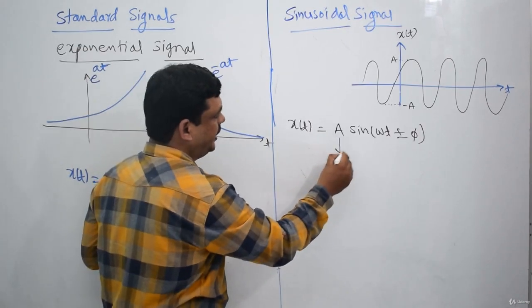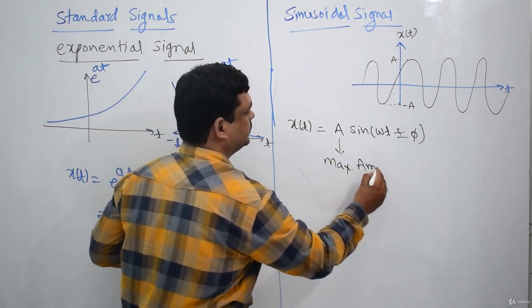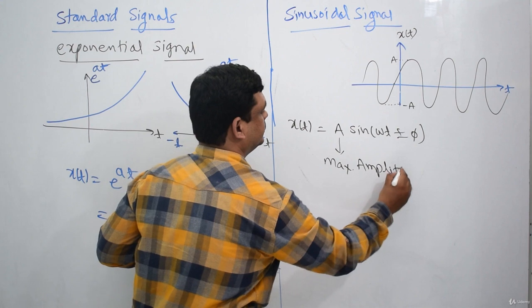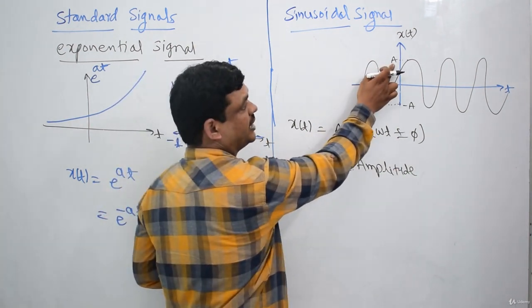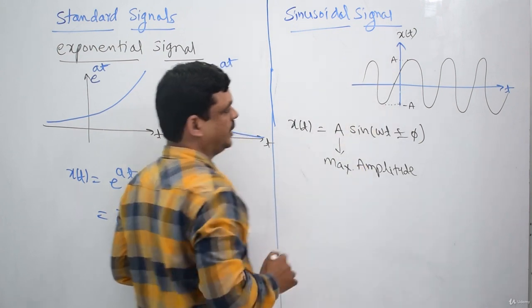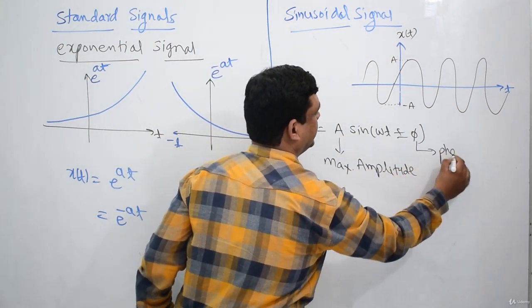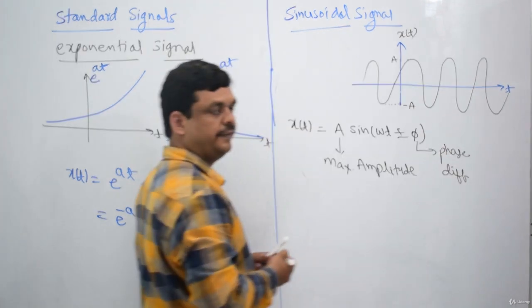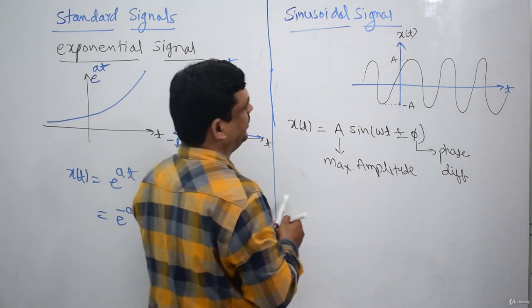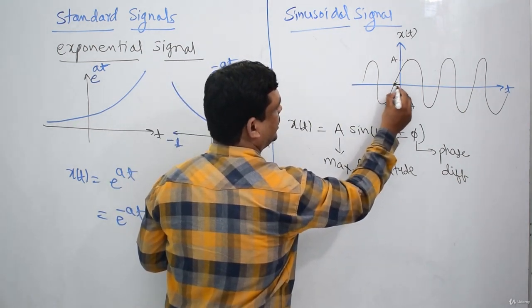Here a explains the maximum amplitude of the signal, on the positive side and negative side. And this phi explains the phase difference. The phase difference is this gap from the origin to the starting of the signal.